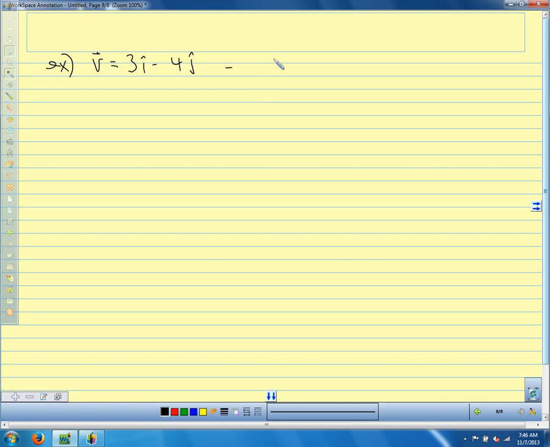The problem asks us to find the magnitude and direction. Direction is asking us for an angle. So it's saying what is your angle from some particular fixed line.